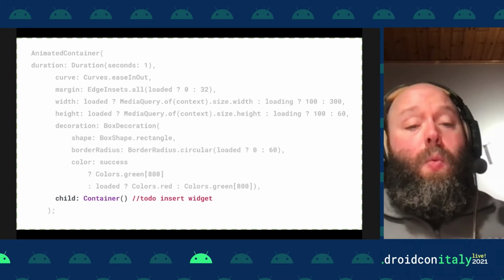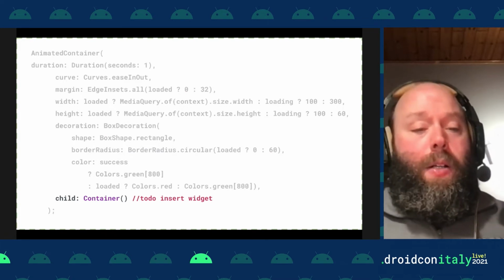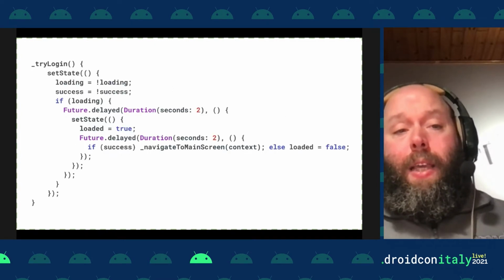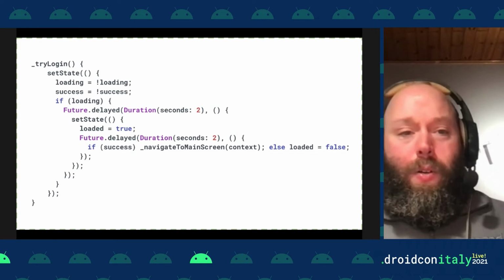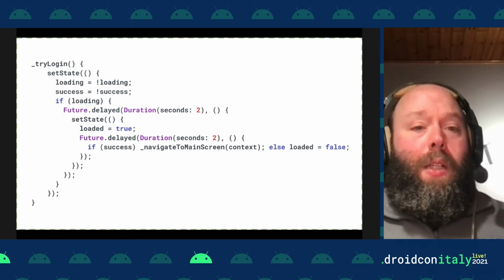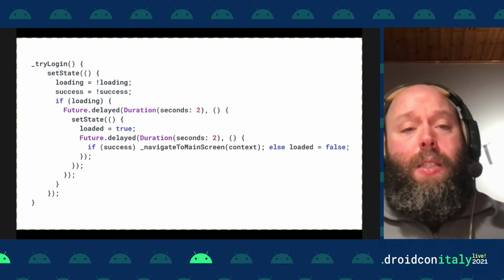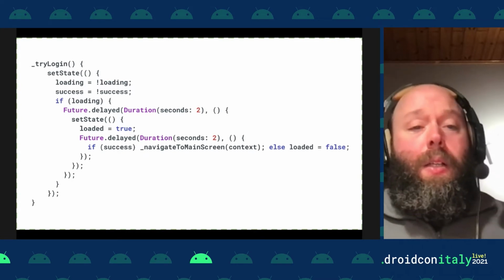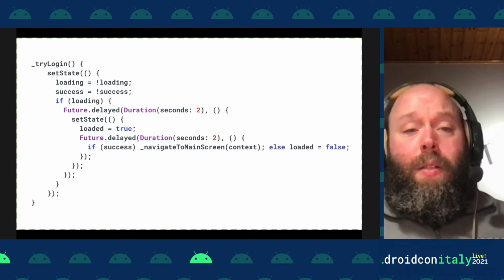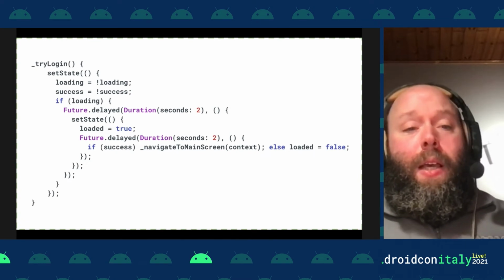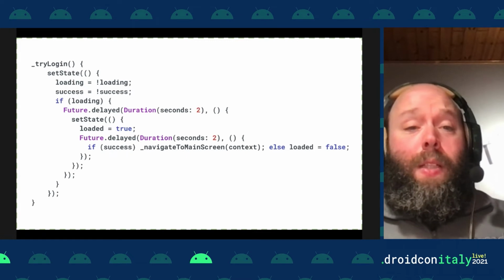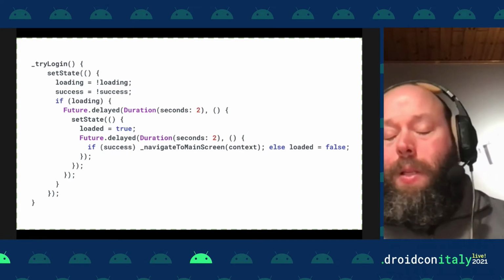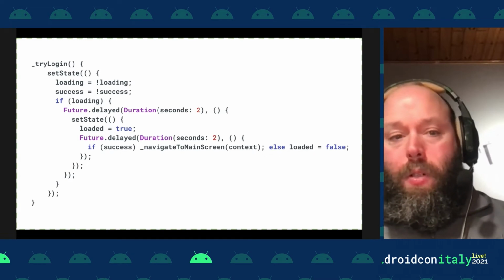Then here we will have later the content of the button. So this is my try login fake call. Basically, what it simply does is change the status of loading from false to true when you tap the button, and the success will be alternatively one time success, one time not success, just to see the different results without implementing a complete network call.